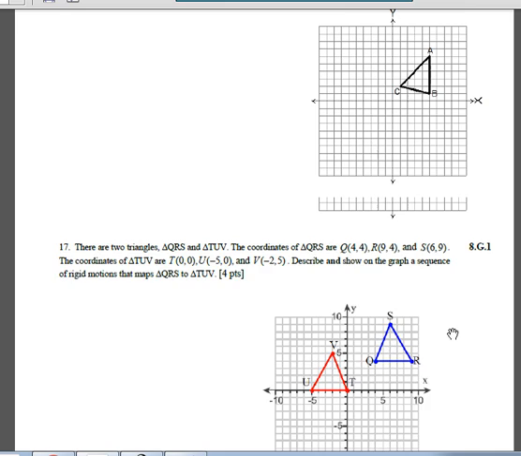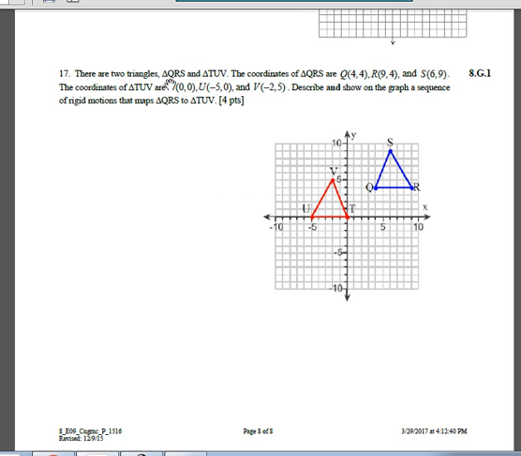And the last question, there are two triangles, triangle QRS and triangle TUV. The coordinates of QRS, they give you, and the coordinates of triangle TUV, they give you. Describe and show on the graph a sequence of rigid motions that maps QRS to TUV.